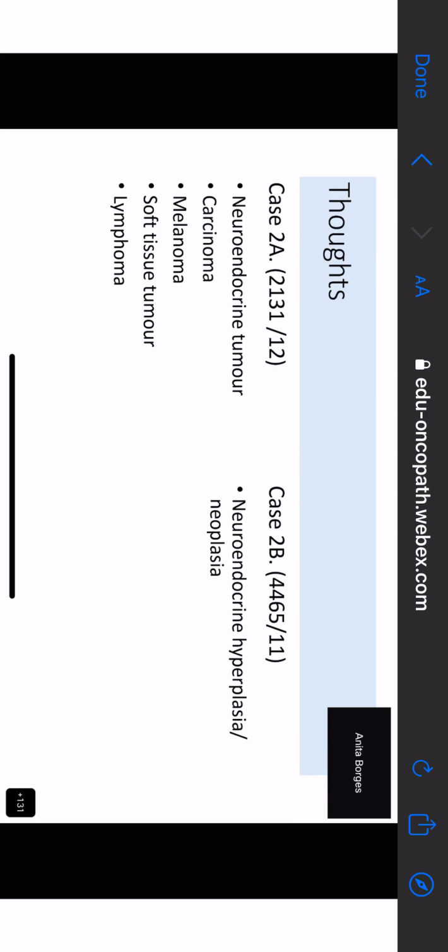Can either of them have an epithelioid appearance? Can you get an epithelioid smooth muscle tumor or an epithelioid GIST? Anybody answer the question? Yes, ma'am. Oh, excellent. So we have to consider neuroendocrine tumor, GIST, smooth muscle tumor, and lymphoma.